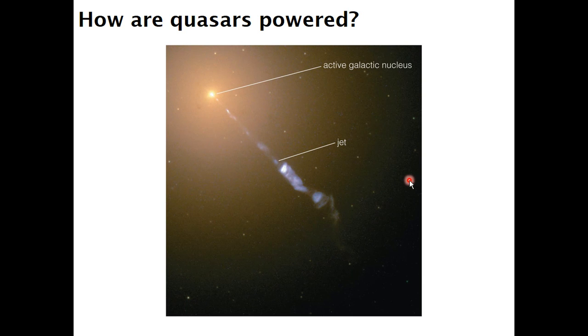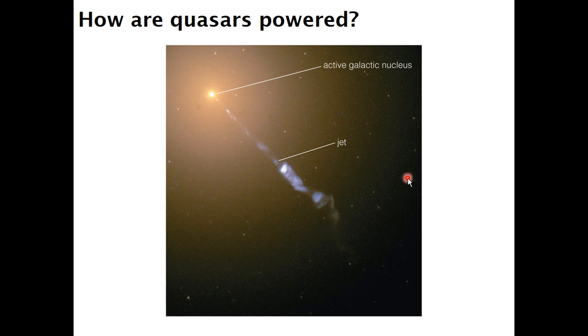This is something that produces energy like a galaxy, but to us looks kind of like a star, except very far away. There's some energy source that's producing lots of energy in radio waves.